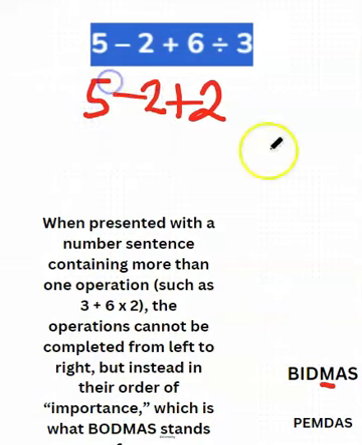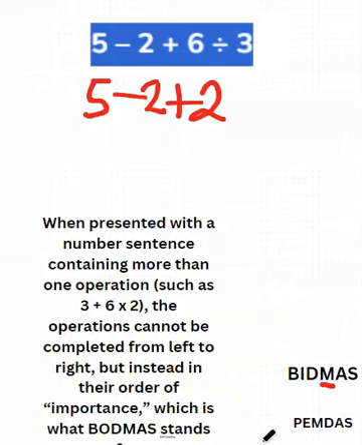Okay, so here, there is a second part to BIDMAS. Understanding that second part will help you solve this problem. The second part says that division and multiplication are of equal importance. No matter which one comes first, our calculation should be from left to right. And that same thing is applicable to addition and subtraction.